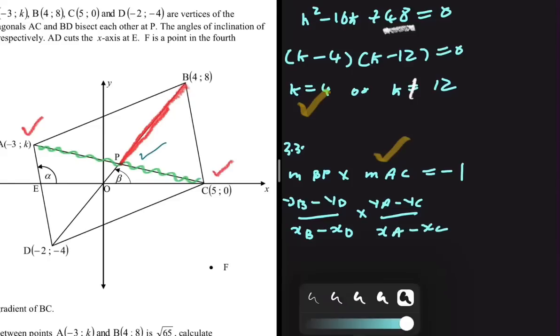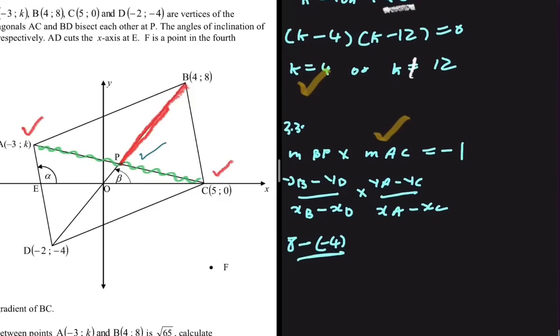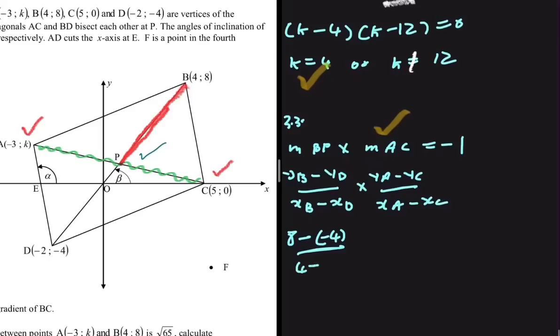And then what is y of B? Y of B is 8 minus y of D, which is minus 4, divided by x of B, which is 4, minus x of D, which is minus 2. And then we multiply that by y of A.